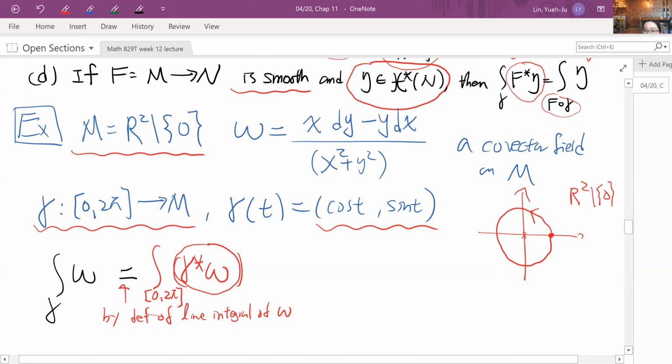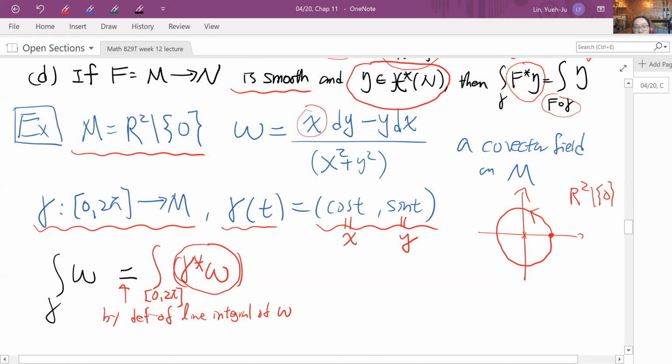But we already did it before, in the sense that when you do the pullback, it just means that you replace the coordinate by the corresponding coordinate coming from the map, right? So here, as you can see, γ gives me the first coordinate to be cosine t, and this is sine t. So like the previous example we did, when we see x, we just replace x by cosine.